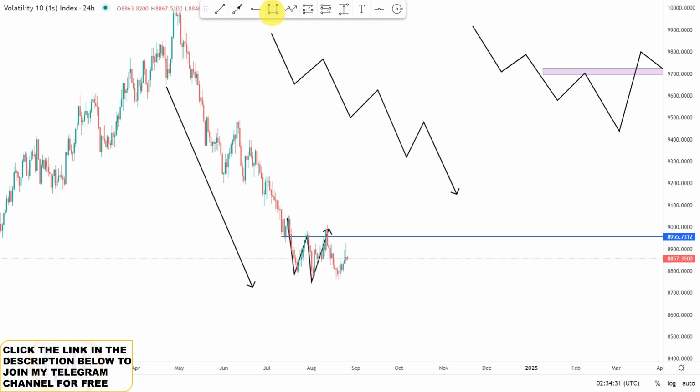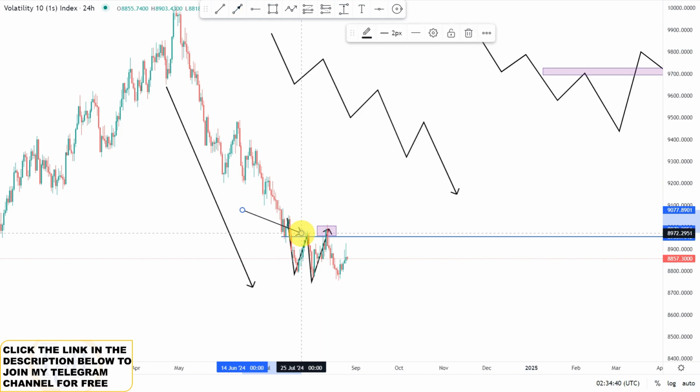So when this market traded above this zone right here, typically it told me that this market that was moving in a downtrend has officially ended.